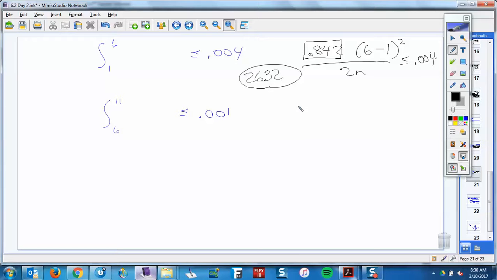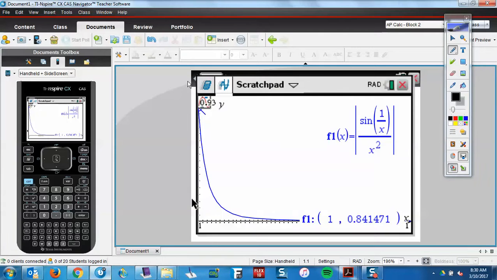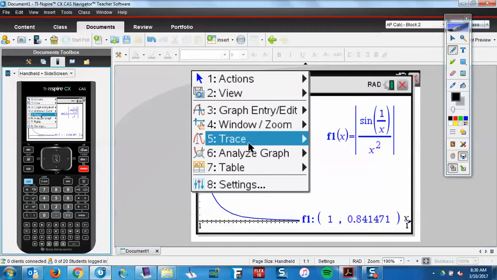And then what about this half? Now, what would we use for our K1 value here? We would have to go back and find it. So we're going to have to go back in here and trace at what?